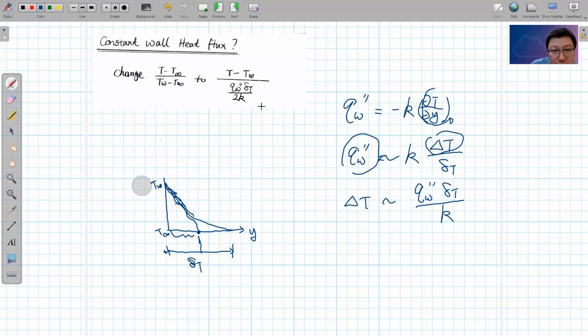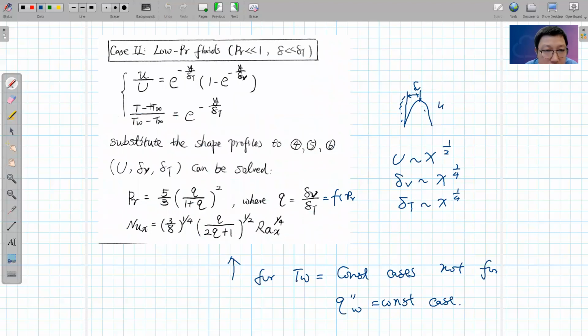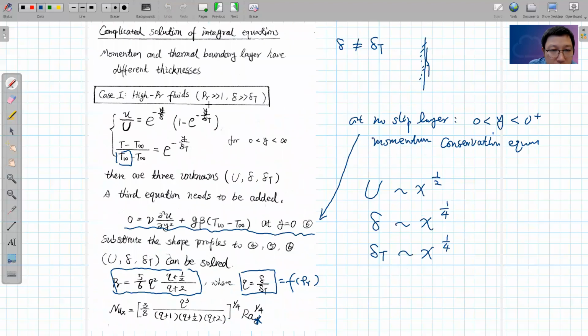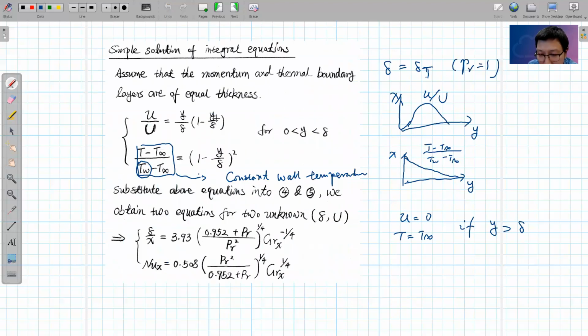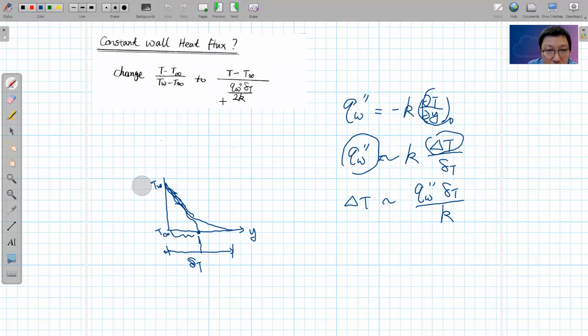Okay. So basically what I mean is that if you have the constant heat flux, all you need to do is change this assumed temperature shape function, replace the T_W minus T infinity with this value, q_w prime times delta T over 2k.